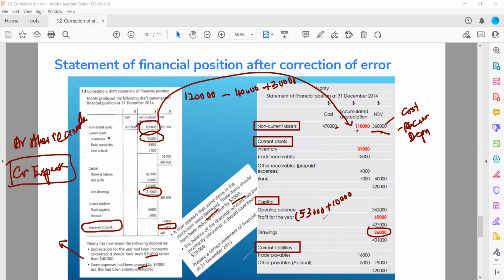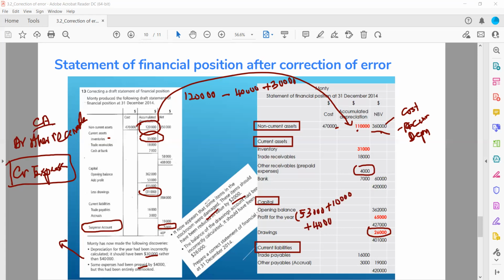So my profit will increase 4,000. And this 4,000 we are putting in here. Prepaid 4,000, putting in here. But for the profit effect, this one goes to the current asset. This one goes to the profit for the year adjustment.